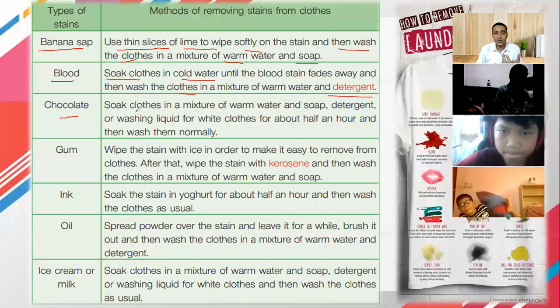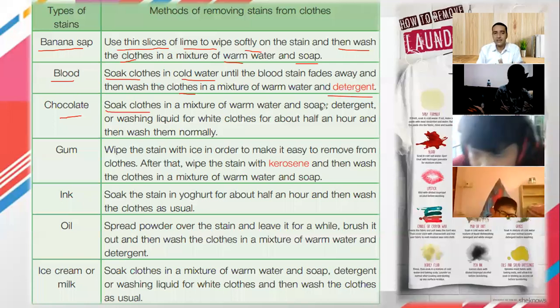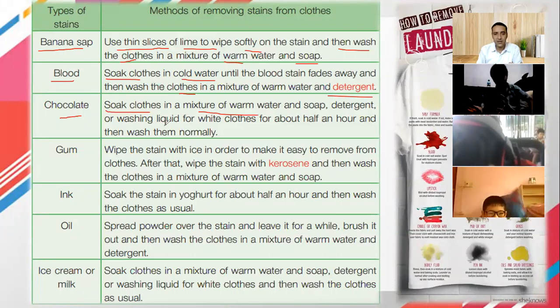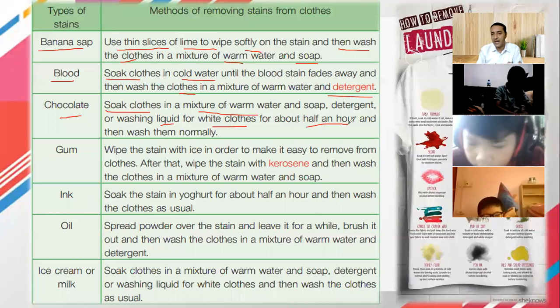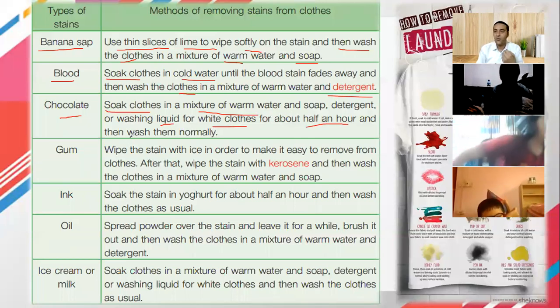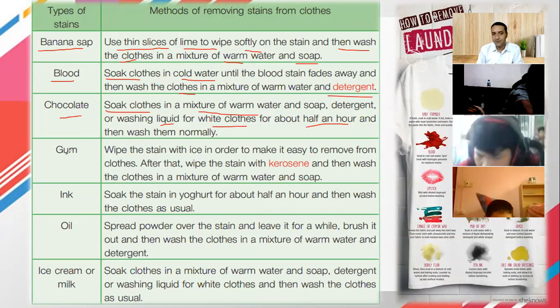Number three, chocolate stain. We soak the clothes in a mixture of warm water and soap, detergent, or washing liquid for white clothes for about half an hour, and then wash them normally.